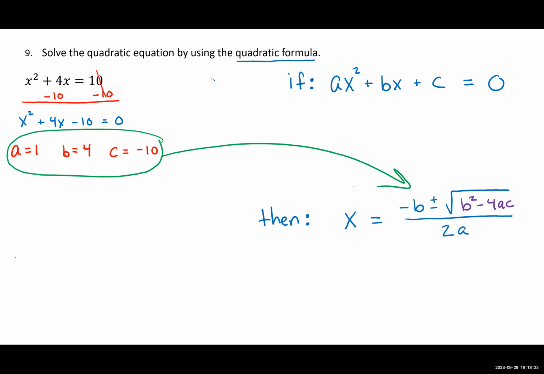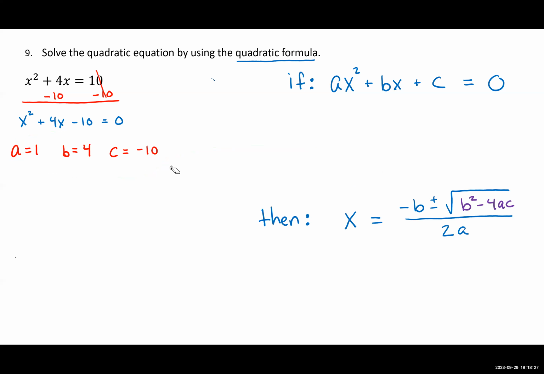You'll notice I wrote the if and the then somewhat far apart. The reason I did that is because to get from the if statement to the then statement, where does the quadratic formula come from, for example?